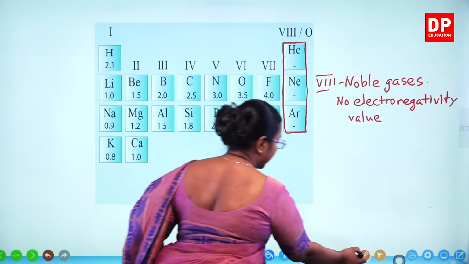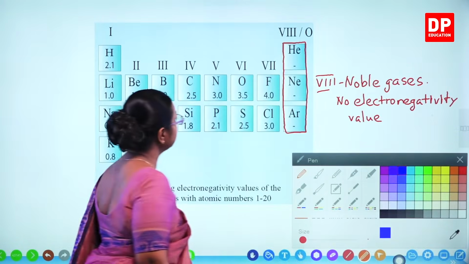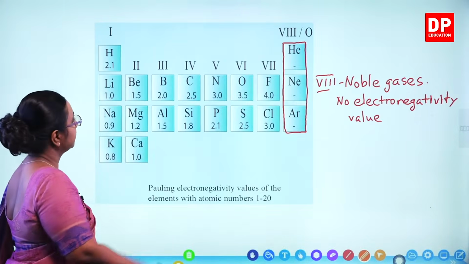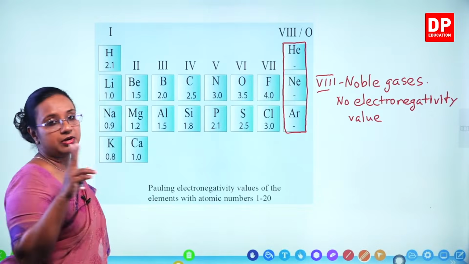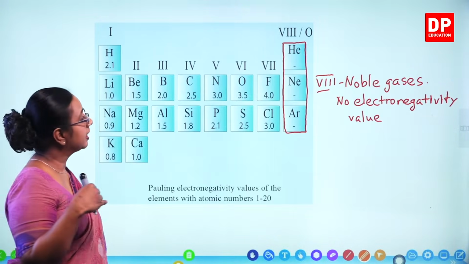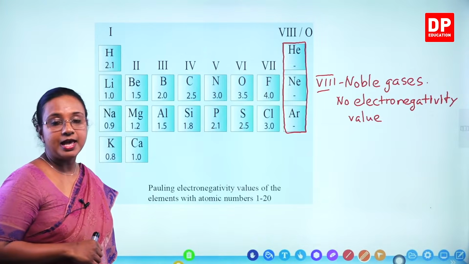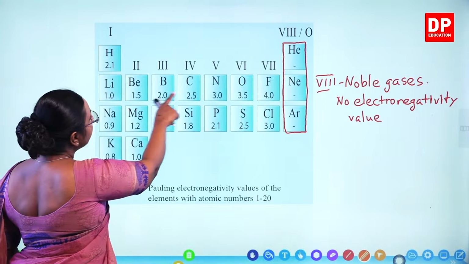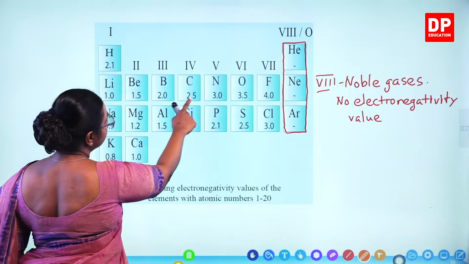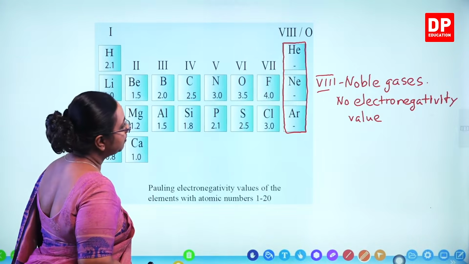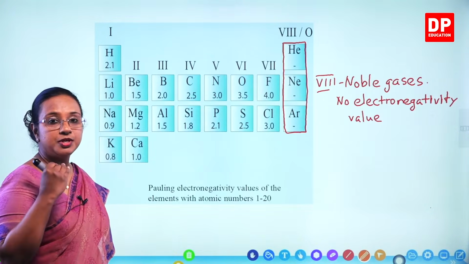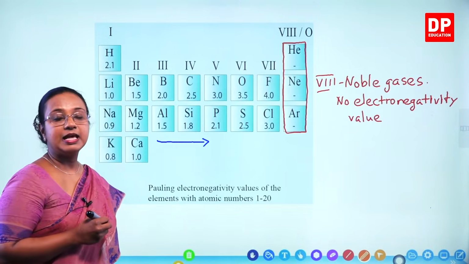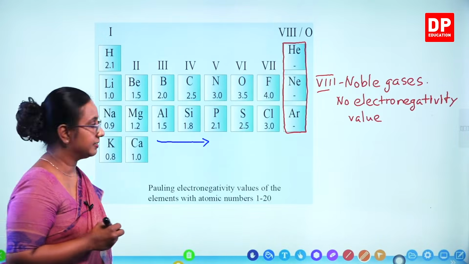Now, we will discuss how electronegativity changes across the period. Here you can see, if we consider the first period, there are only 2 elements, so there is no way of comparing. Helium doesn't have an electronegativity value. We will take the second period. You can look at the values 1, 1.5, 2, 2.5, 3, 3.5 and 4. So you can see across the period from left to right, the electronegativity increases.